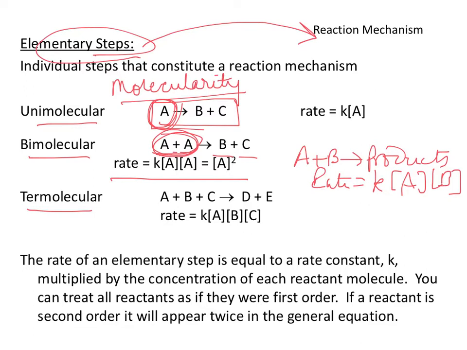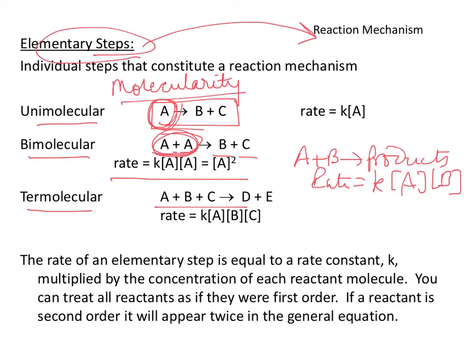And the termolecular step would be if it's more than 2, that is, if you have 3. Hopefully you can also see that termolecular steps are going to be pretty rare, because it's very difficult to have 3 molecules come in and react together. So this is a rare event.